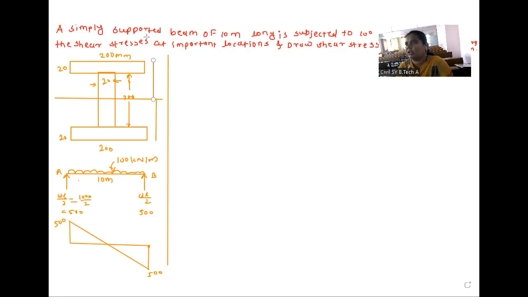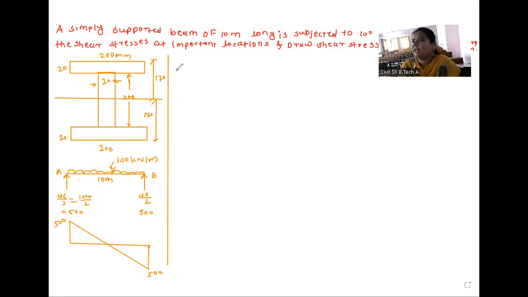So calculate and tell me how much this distance is. 300 plus 20 plus 20, 340, na? So 340 by 2, 170. And this is also 170.